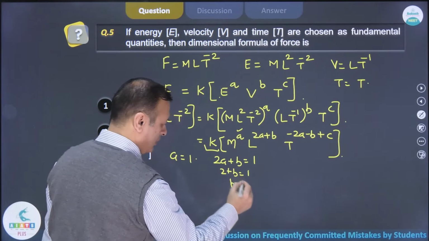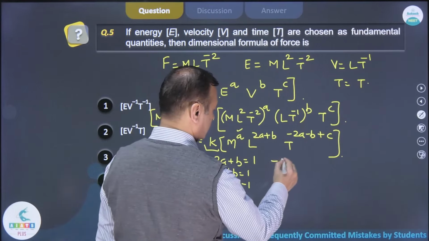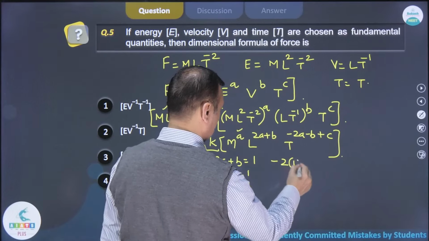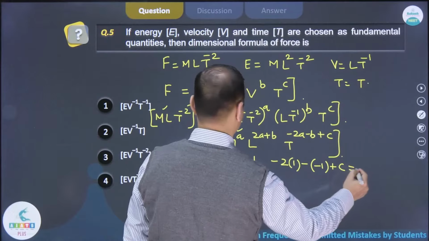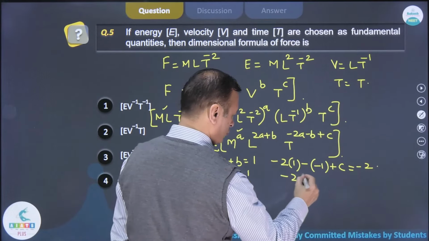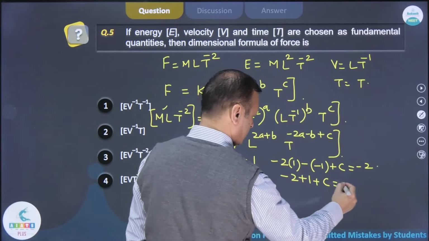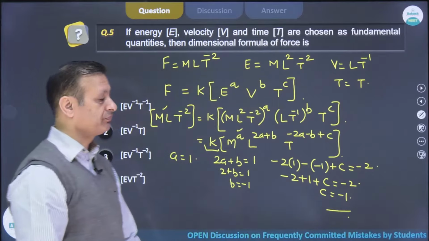So, B is equal to 1 minus 2, that gives you minus 1, and minus 2A minus B plus C is equal to minus 2, and this gives you what? Minus 2 plus 1 plus C is equal to minus 2, and that gives you C as minus 1.